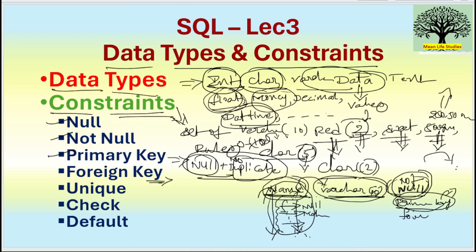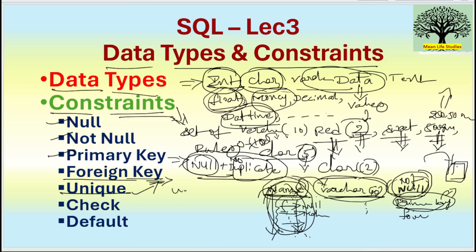That particular table is called the parent table, and we should not delete this column until you delete this particular column in the parent table. This is called the child table. Foreign key builds relations with another table, and we cannot delete that without deleting that particular column in the parent table.